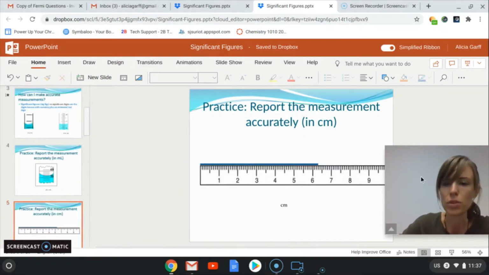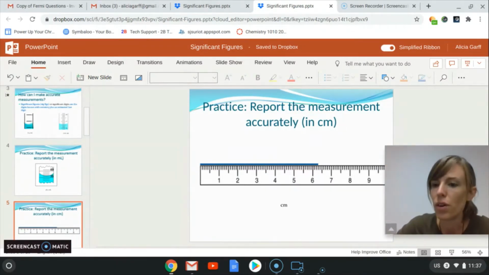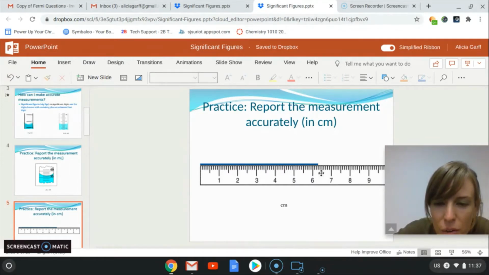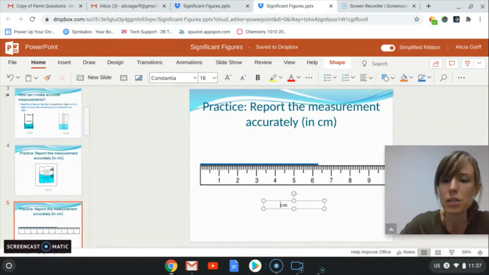Okay, let's look at rulers now. So this is a ruler in centimeters. Same thing goes for this that goes for the graduated cylinders. So if I look at where this line is, it looks like it's maybe not quite to the 6.3. So I think it's 6.2 something. I'm certain that it's 6.2 something because it has those little tick marks between the 6 and the 7.